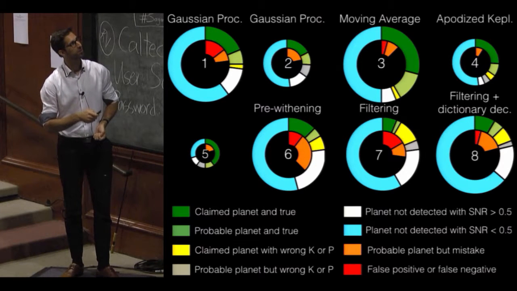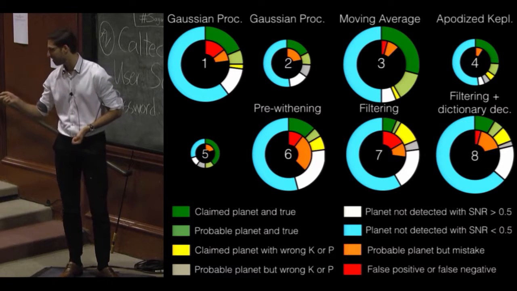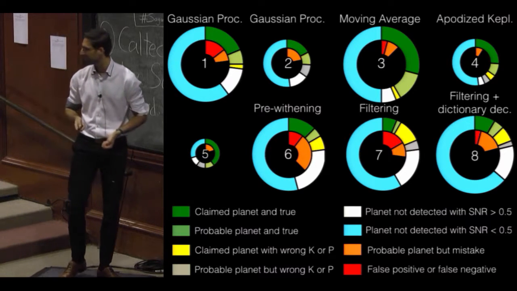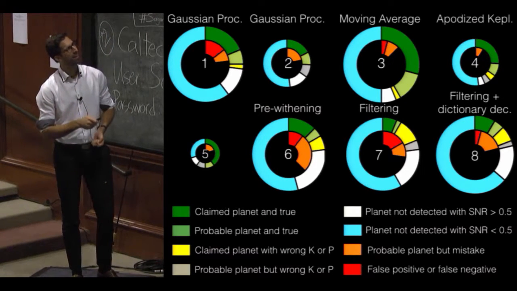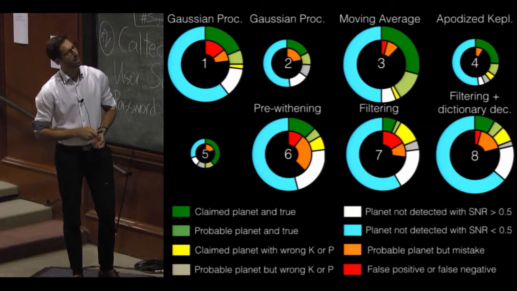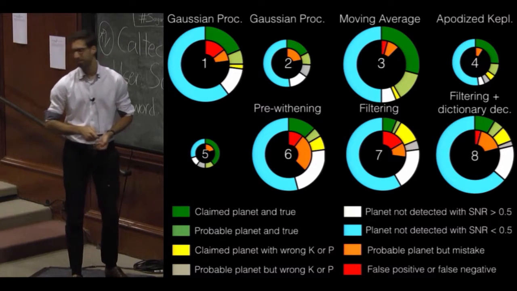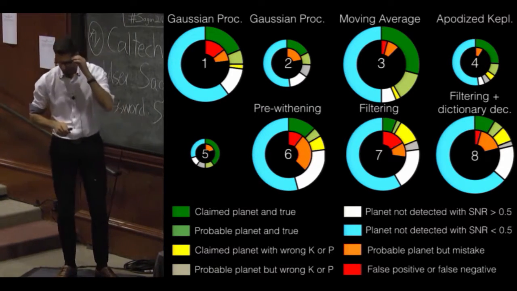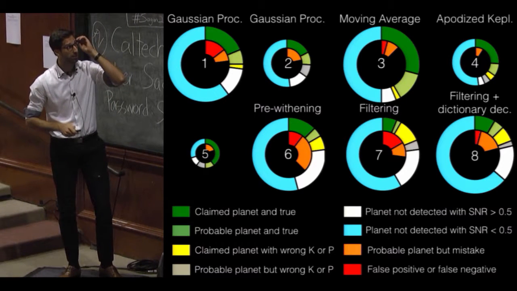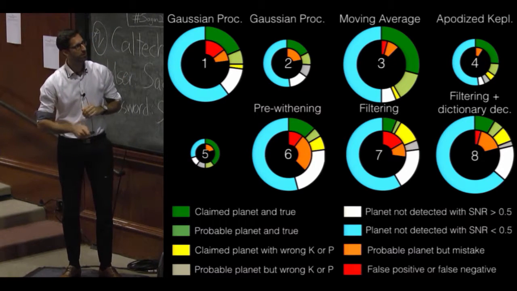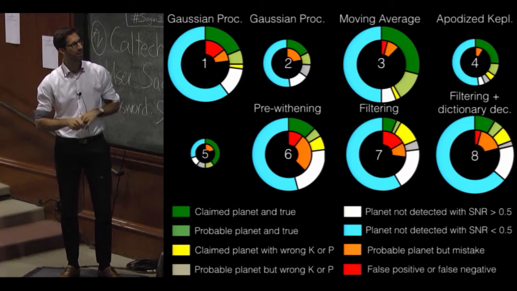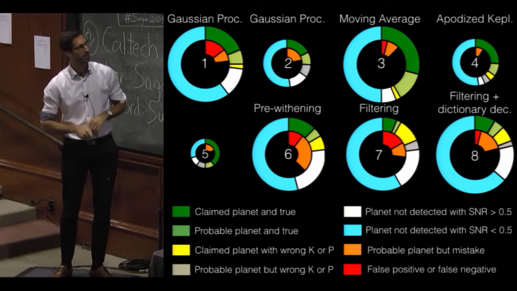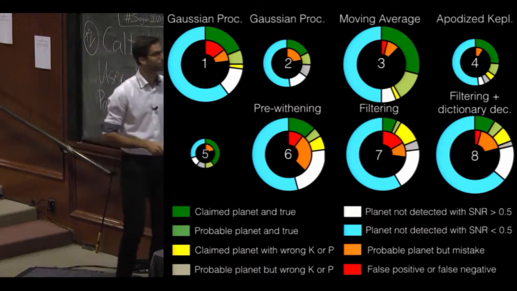And there are several techniques that have been used here. 2 teams used Gaussian processes regression. 1 team used moving average. Then apodized Keplerian, which is basically fitting wavelets to the data, and then some other teams that used more classical techniques like pre-whitening, filtering in the frequency space.